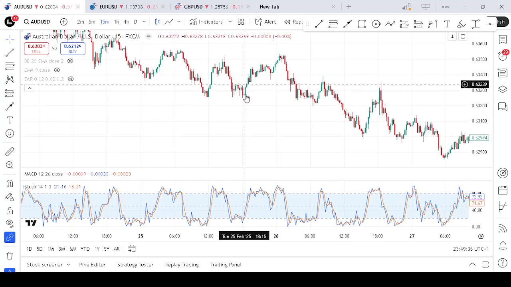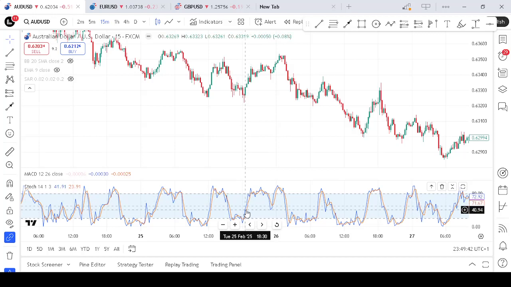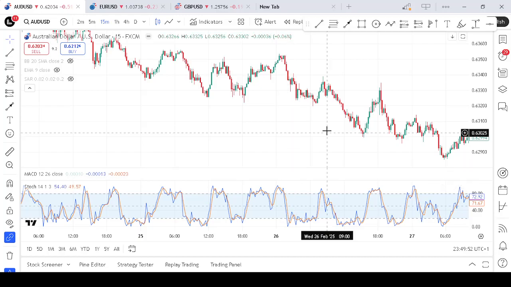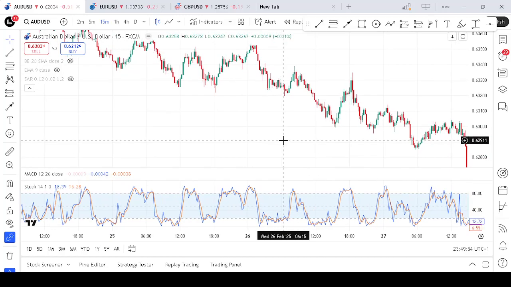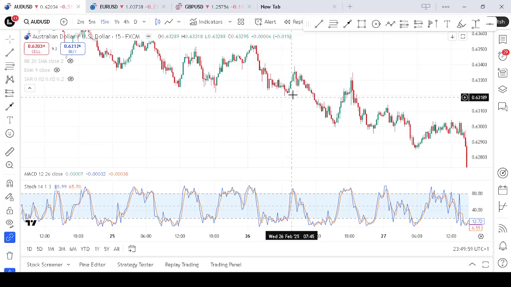So if we want to buy, we buy when the line crosses above 20 on the oscillator, and consider a short position when it crosses below 80 on this indicator. This indicator works best when the market is ranging.